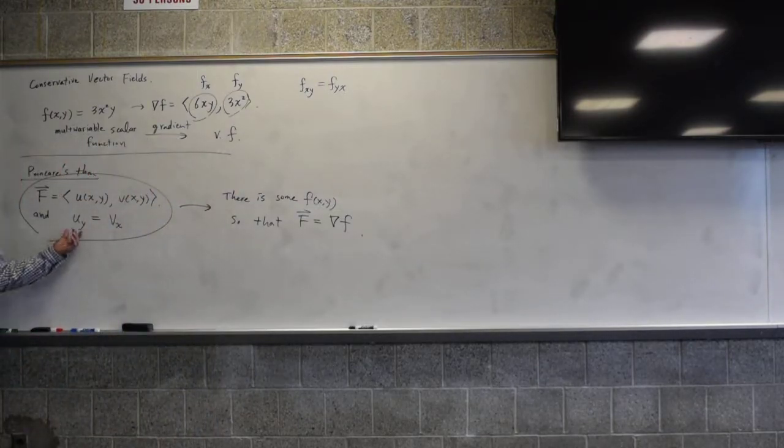In other words, if u_y is equal to v_x, then it's a gradient of some scalar function.